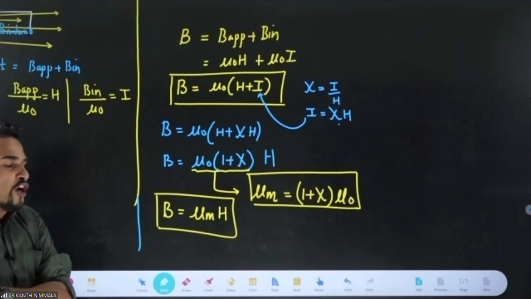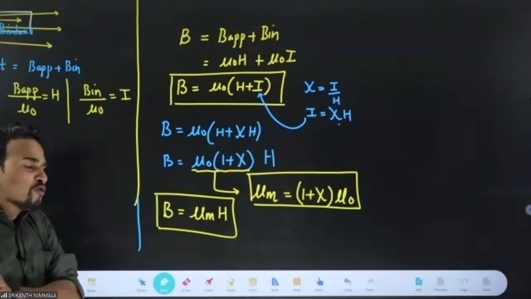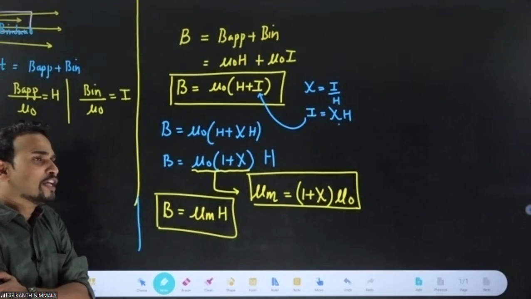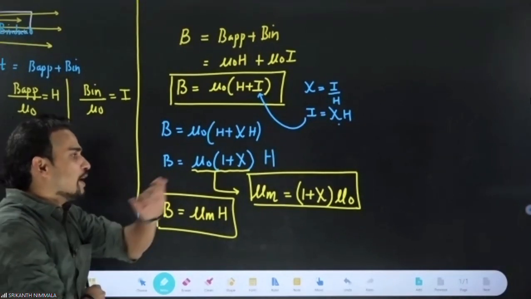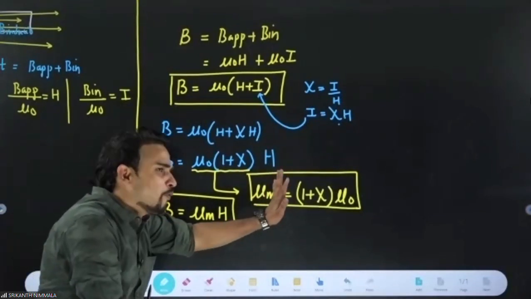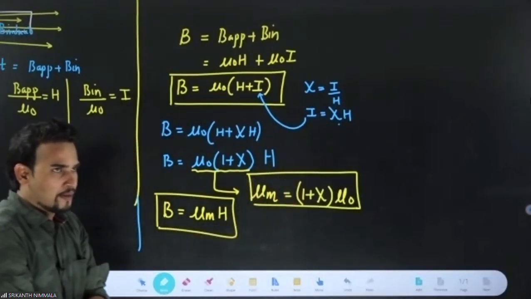Mu naught into 1 plus Xi is defined as permeability of a medium. If its magnetic susceptibility is Xi, you can write permeability of the medium as 1 plus Xi into mu naught.